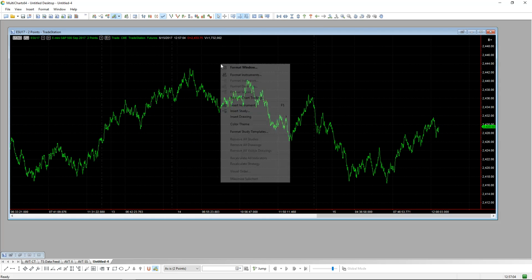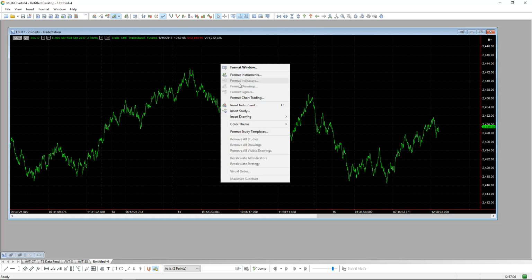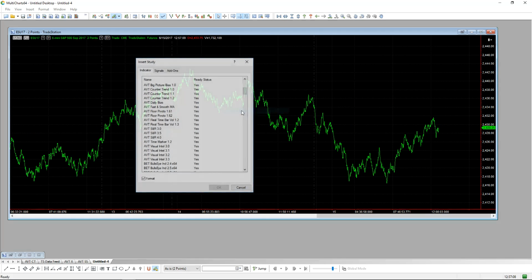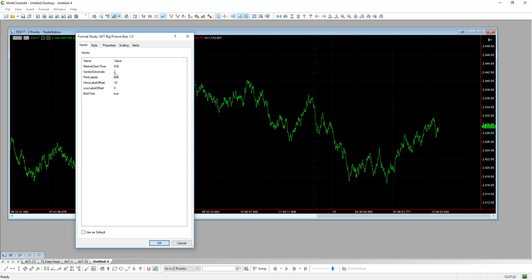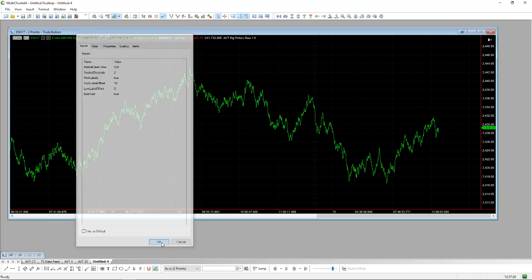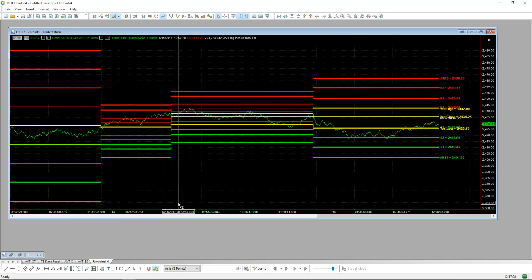And now I'm going to add a new indicator to it. This one is just a specialized version of the floor pivots, and this is called Big Picture Bias. Okay, so I'm going to insert that one. We do need to set the market open time, and then I'm going to select OK, and you'll see what's going on in here in just a minute.